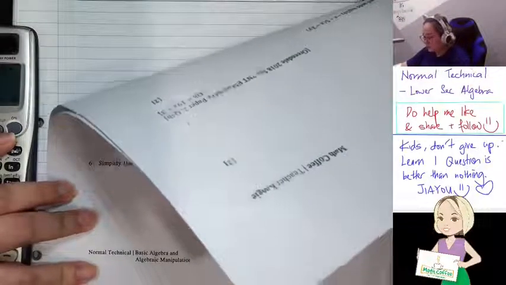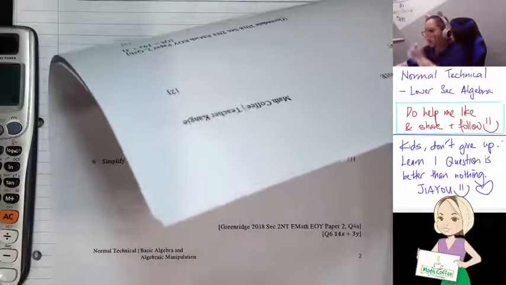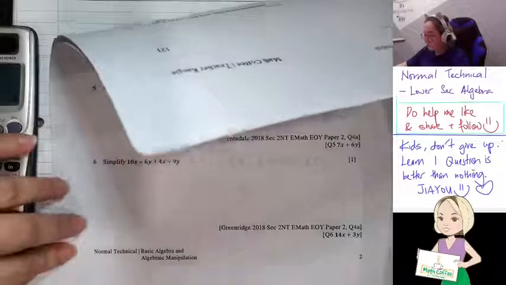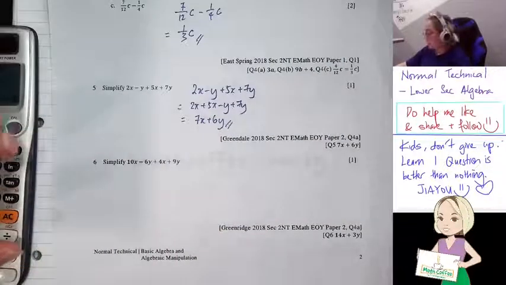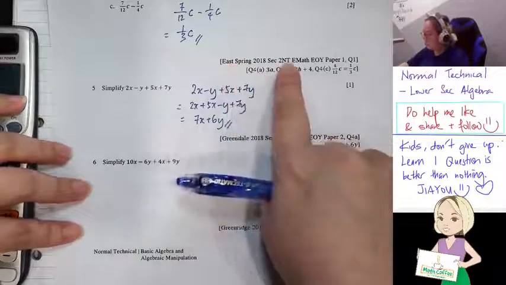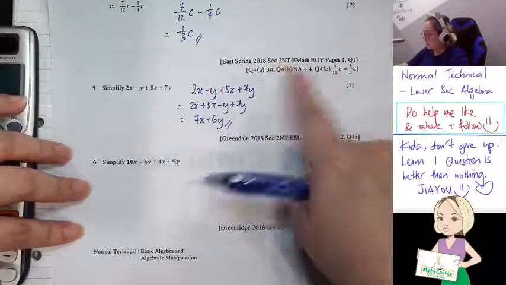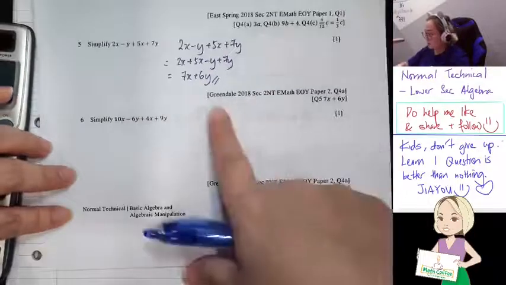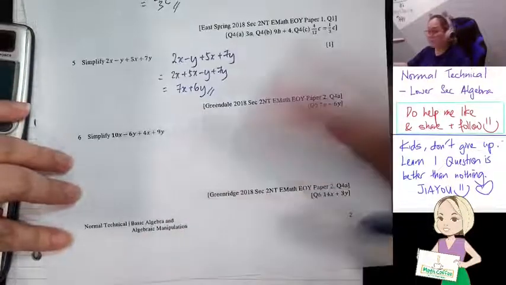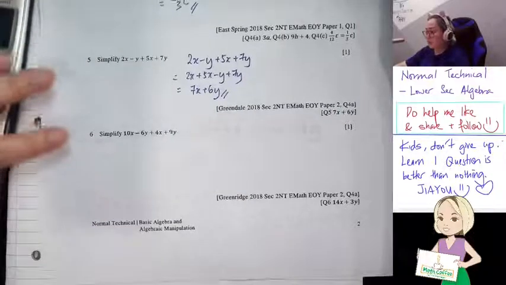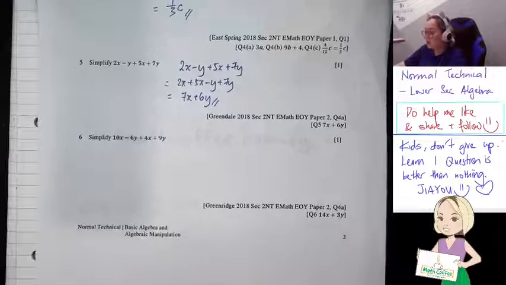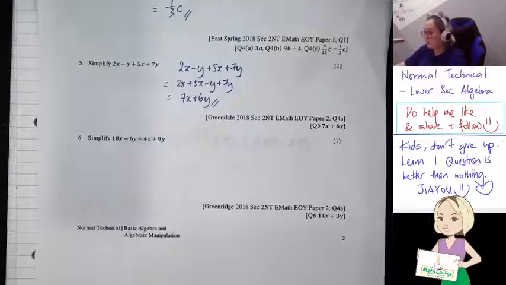Yes, all these questions are taken from past year papers. You can see I take from East Spring to normal tech. This is from Greendale to normal tech. All these are questions from past test papers. For the past 10 years, I do teach normal tech as well, but the demand is not high.